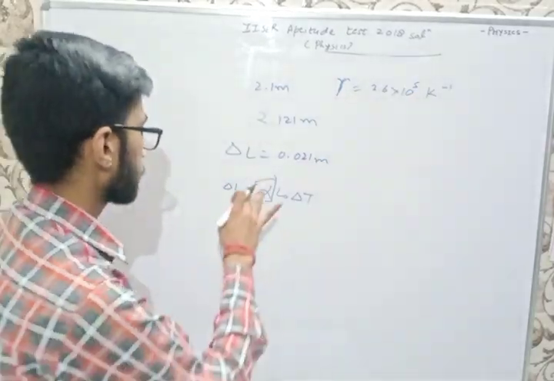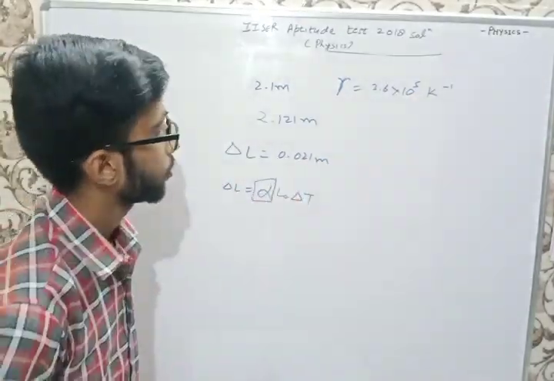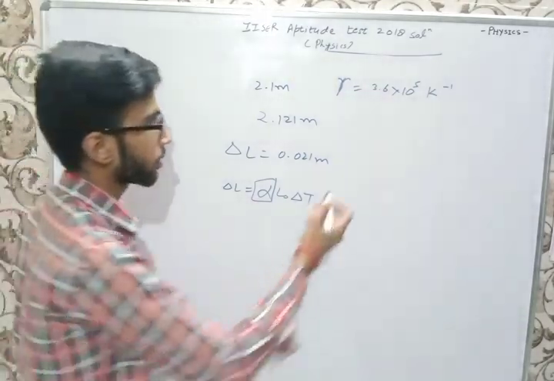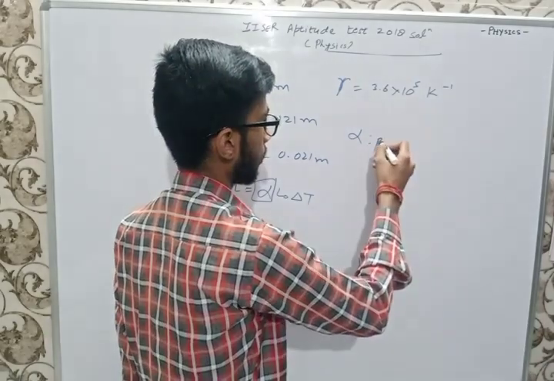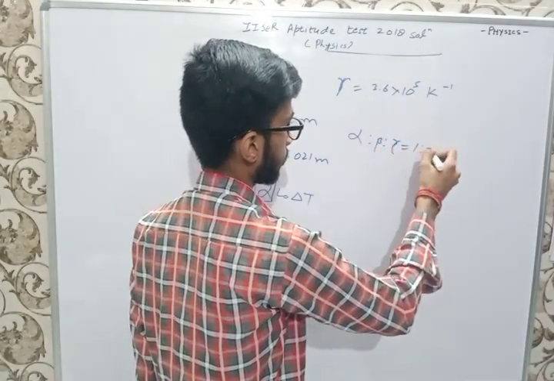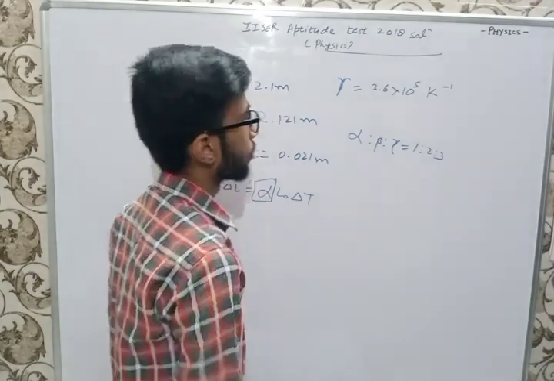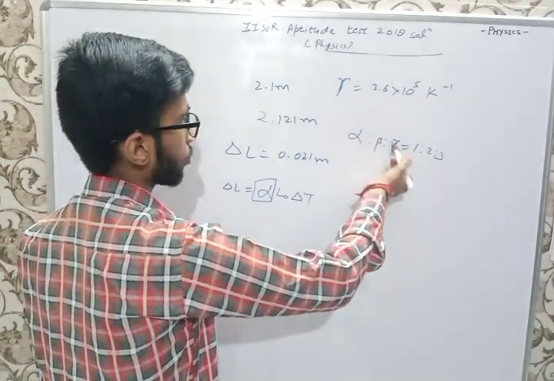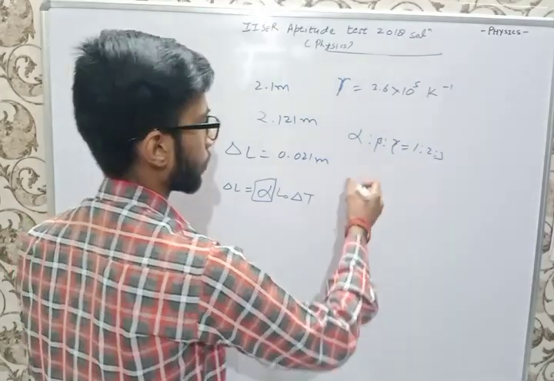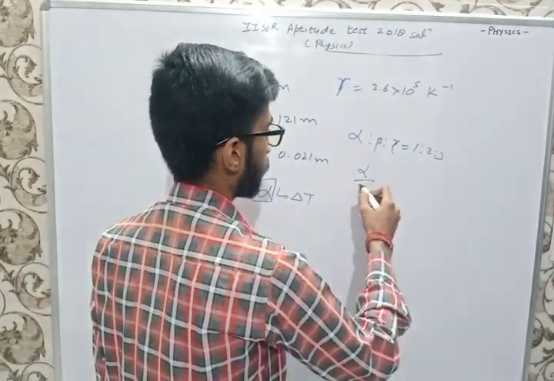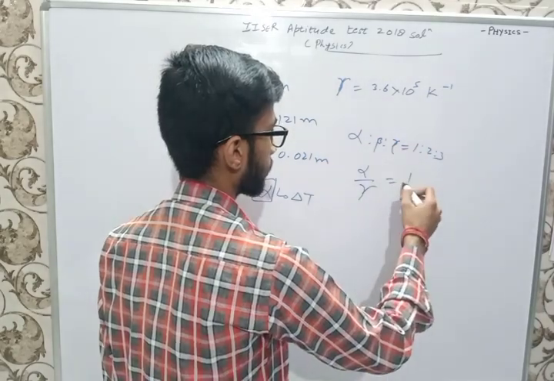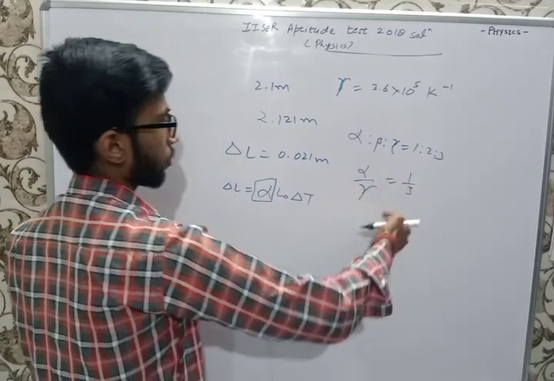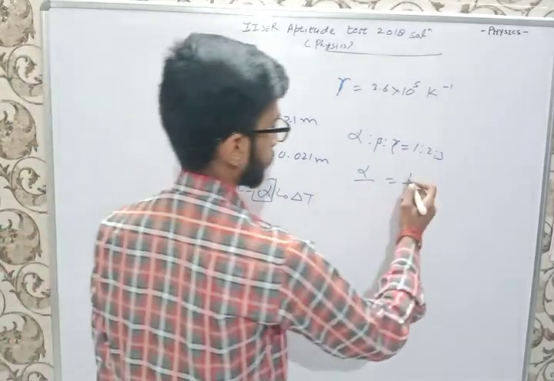So the relation between the coefficients of expansion is alpha to beta to gamma equal to 1 to 2 to 3. It means the volume expansion is thrice the alpha. Means alpha over gamma is 1 over 3, so alpha is gamma by 3.